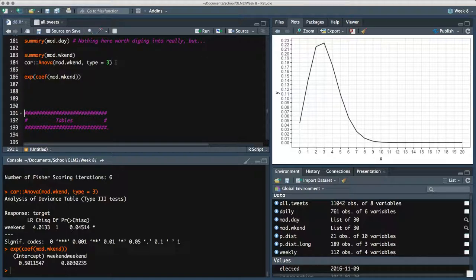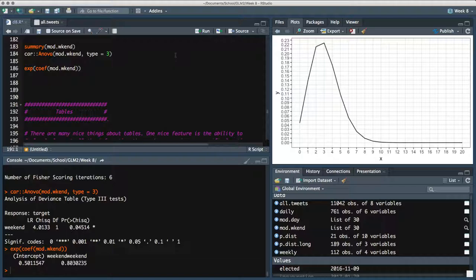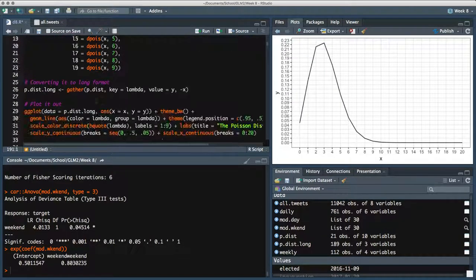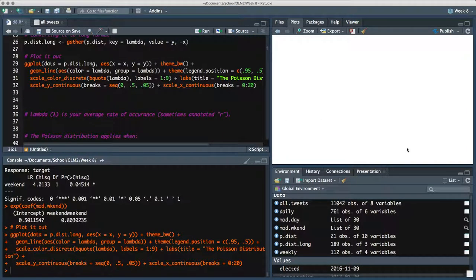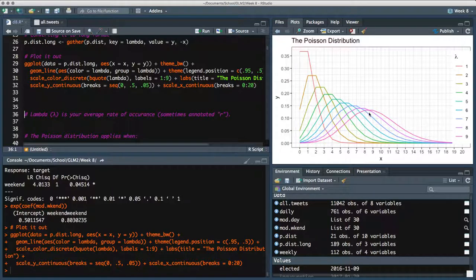So does anybody have any questions about that before we talk about tables for a little bit? Does that make sense at least? And does this graph up here make sense, and also why, if you're looking at this one, if the rate is only 1, it can only go one direction. But as you slide up, now you have more room to wiggle around that mean, which is why the distribution changes as your rate changes.